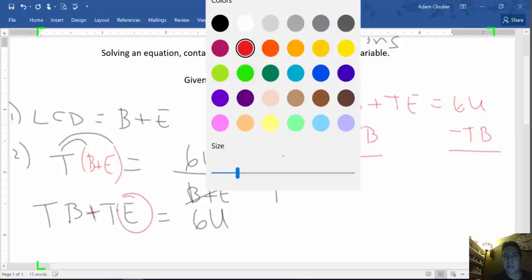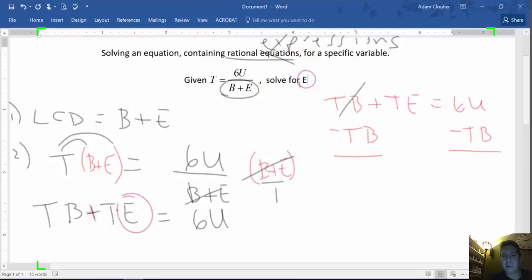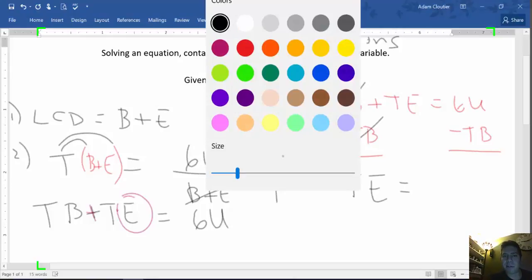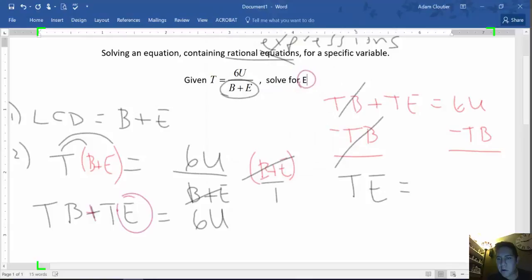On the left-hand side, the tb will cancel, leaving us with te. And on the right-hand side, I'll just rewrite the expression since there's nothing I can do to combine these terms because they have different variables, to get just 6u minus tb.